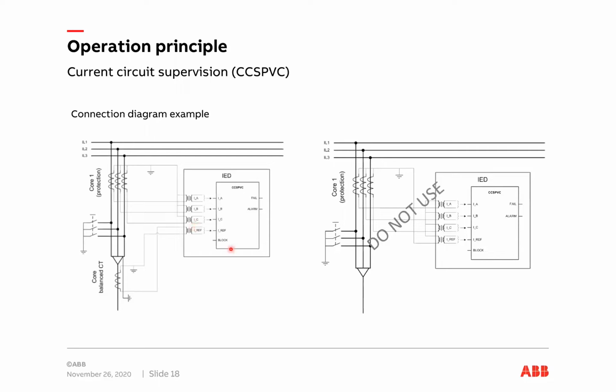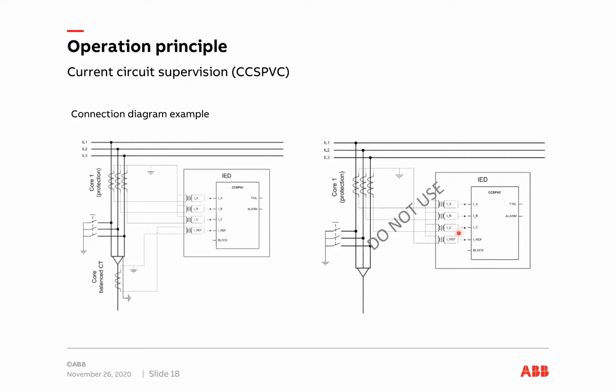What is important when using this function is that the reference current needs to come from a separate core. It's not possible to do like in this other picture, where we are connecting the sum current from all three-phase currents to the reference input. This is not possible, so we will not be able to detect any secondary current circuit failure here.